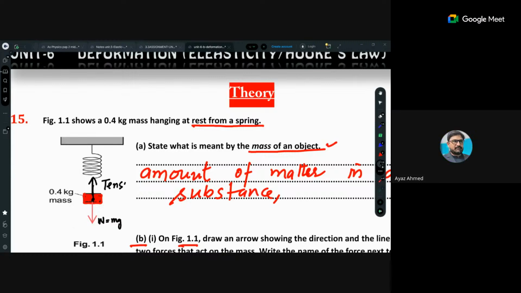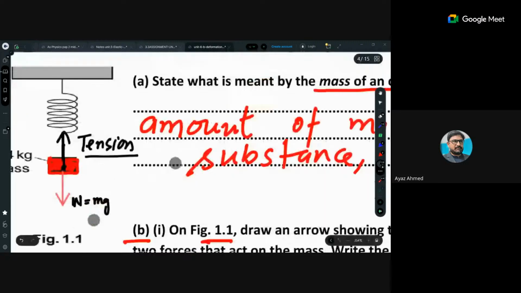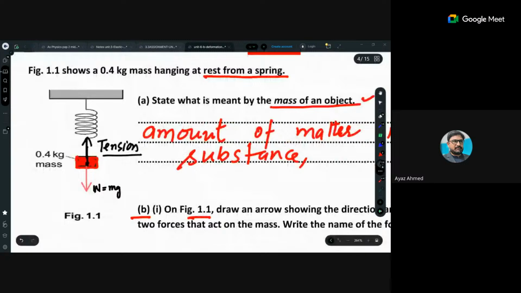Yes, tension of the spring. Listen to me, son. Acceleration is not a force. Extension is not a force. You have to tell which forces I have over here. One force is weight, the other force is tension. Can you name forces you know in your life? Name some forces you know. Weight. Okay.